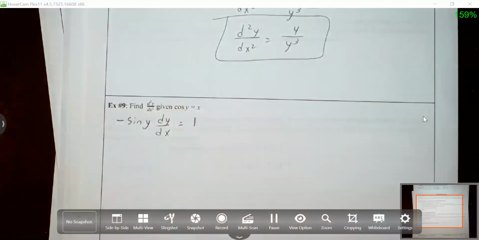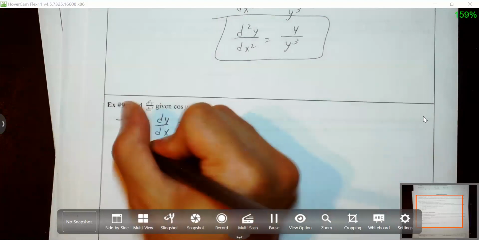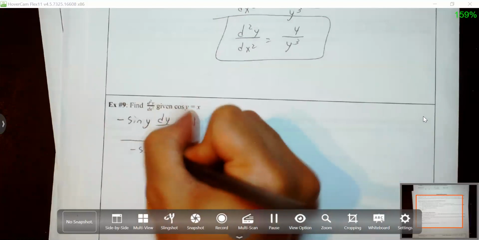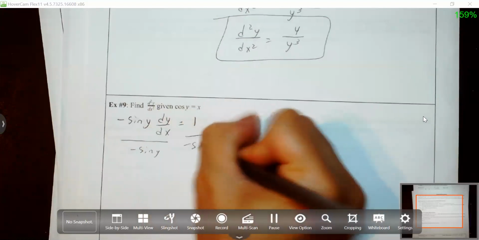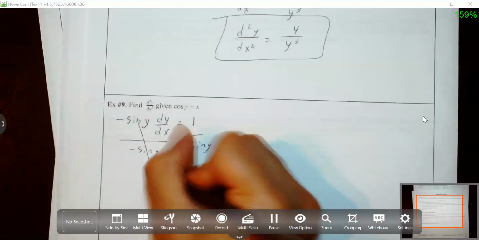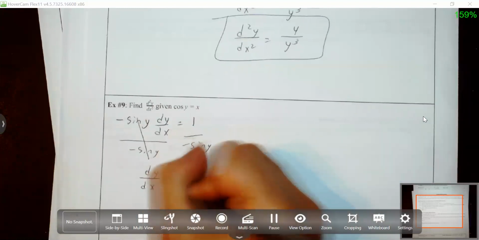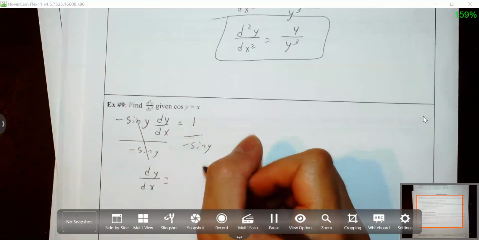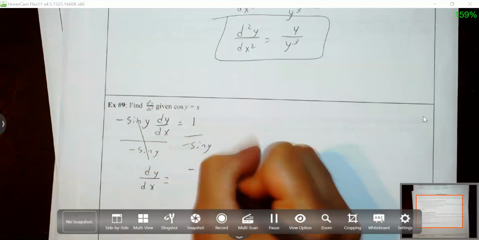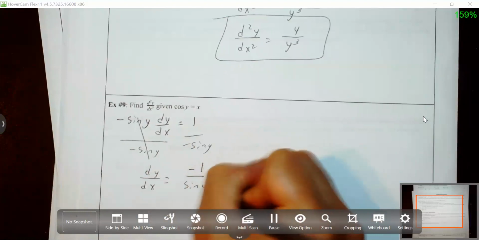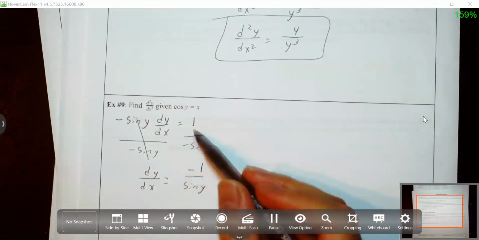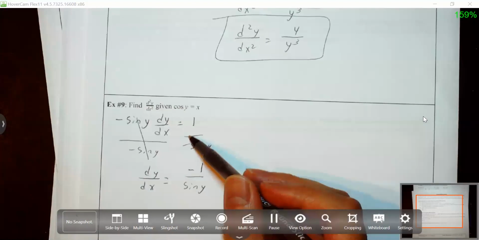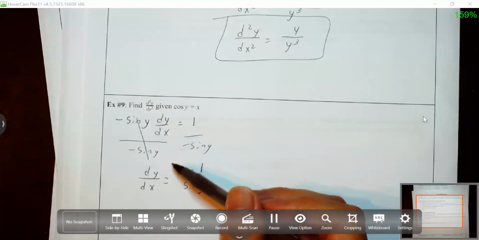So this is pretty simple. I'm just going to divide both sides by negative sine y. And so dy over dx is equal to negative 1 over sine y. We usually put the negative on top.